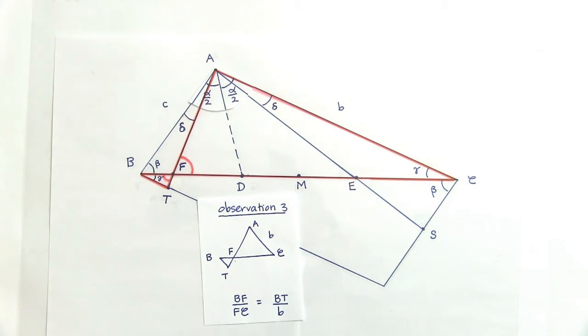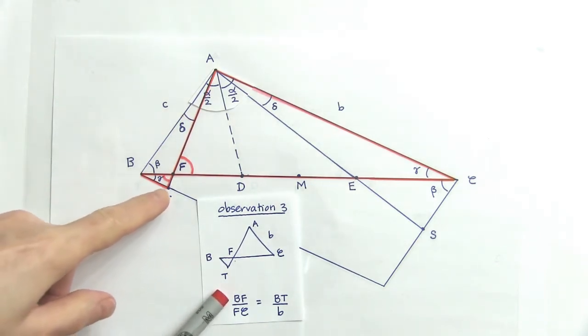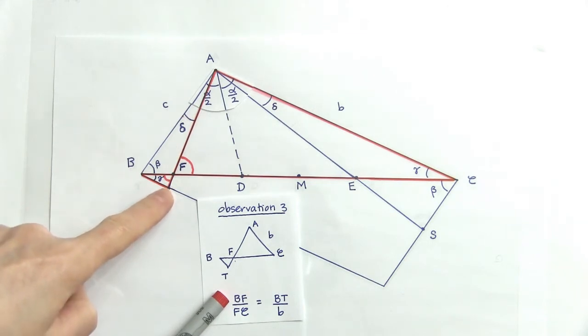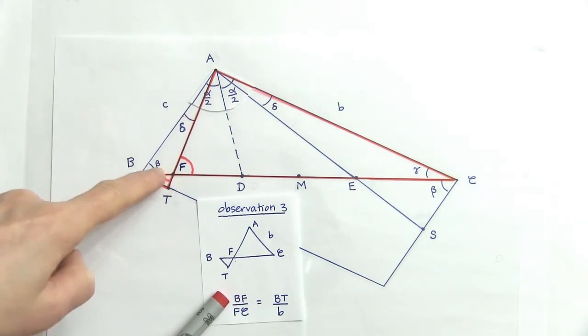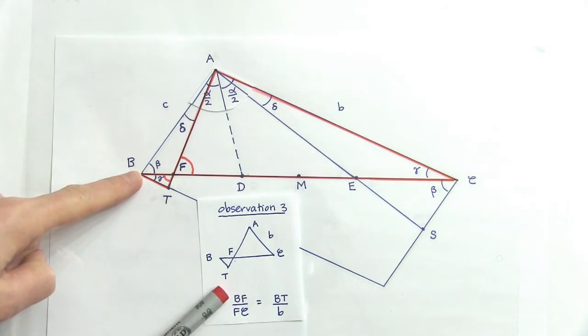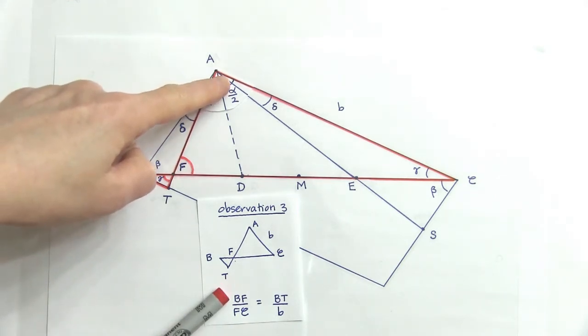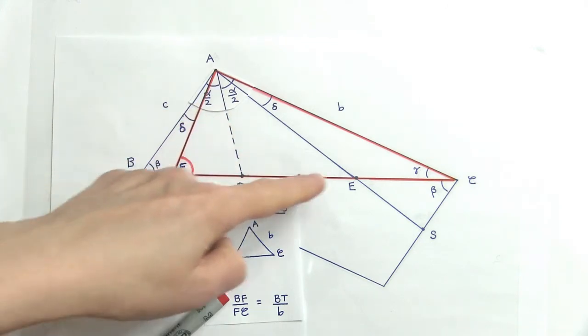And so observation 3 is, looking at this pair of similar triangles, we have the side opposite of alpha minus delta in the small triangle, which is BF, over the side opposite alpha minus delta in the large triangle, which is FC.